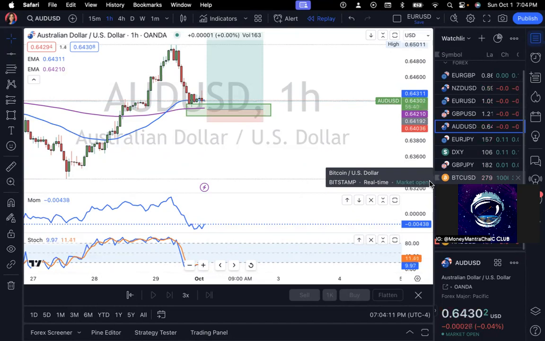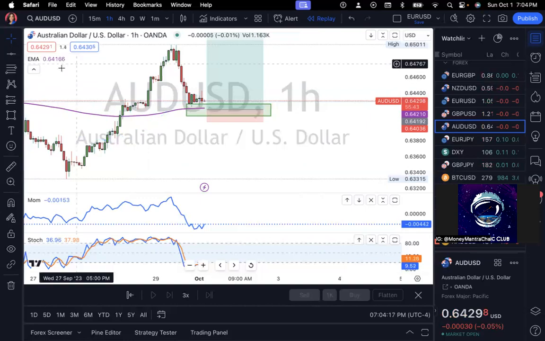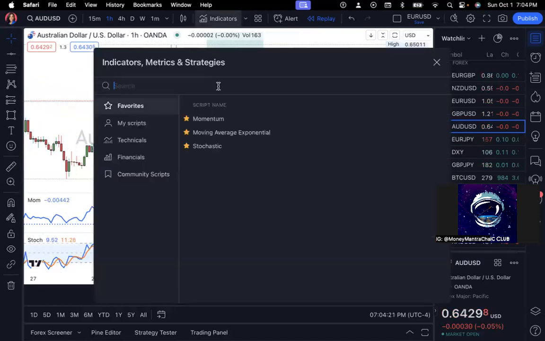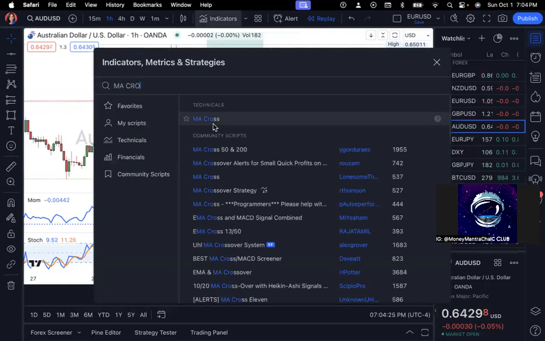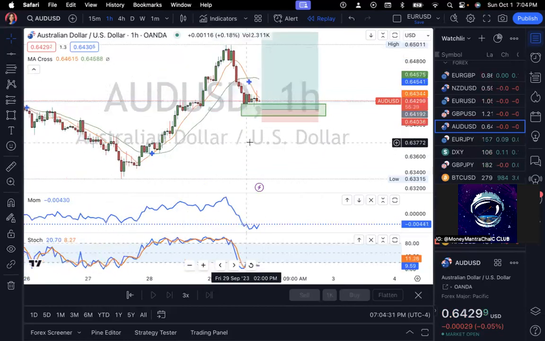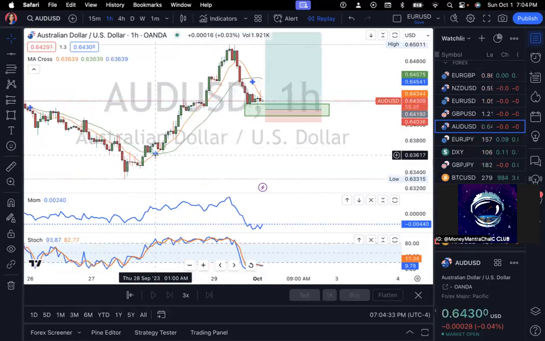And just a little hack, if you guys are using the free version of TradingView and you can't add 2 EMAs to your chart, you can only add 1. The indicator that I recommend would be called MA cross, right? Because it literally comes with 2 EMAs already. And the cool thing about it is it has this little cross here when the EMAs actually do cross.